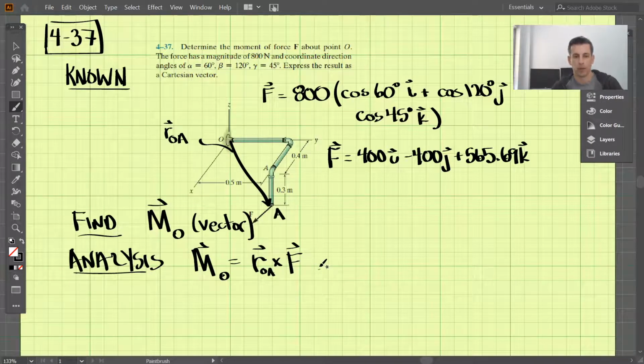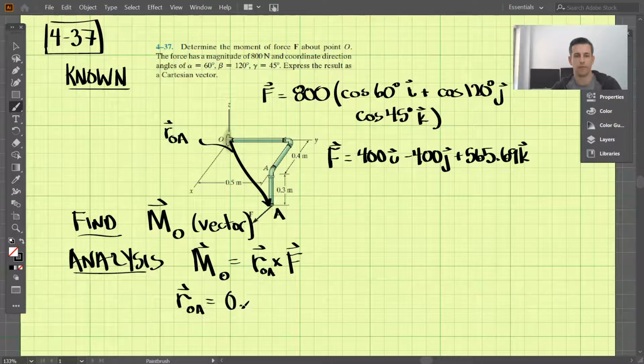Okay, so to solve this problem, we already have F, we need to figure out R. So R from O to A, and we need the components of this. We first look at the X direction. Going from O to A in the X direction, which is this way, we're moving 0.4 meters.